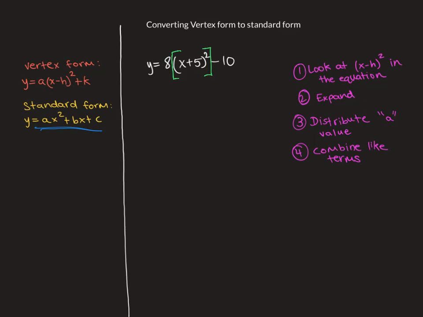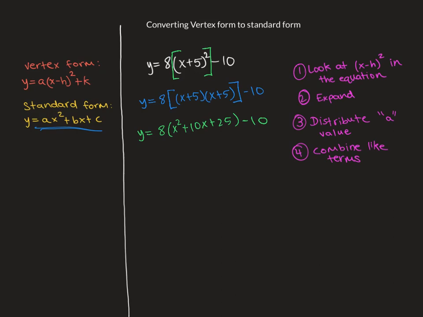So let's rewrite our equation with the expanded form. So y equals 8 times (x plus 5) times (x plus 5) minus 10. And then that'll become y is equal to 8 times (x squared plus 10x plus 25) minus 10.